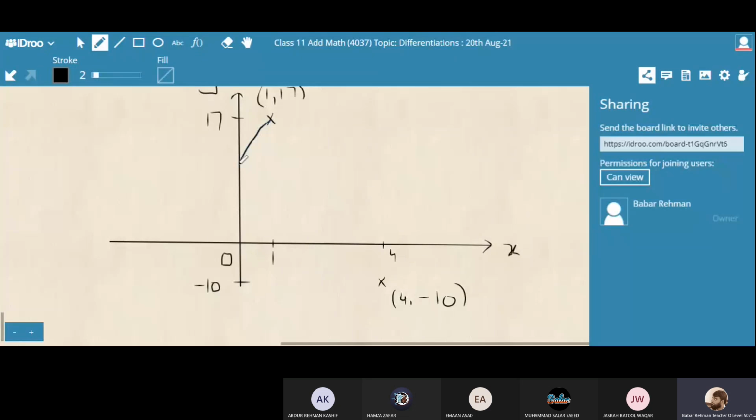We do like this. This is the maximum point, and after the maximum point, like this.